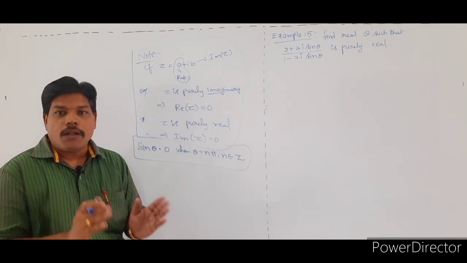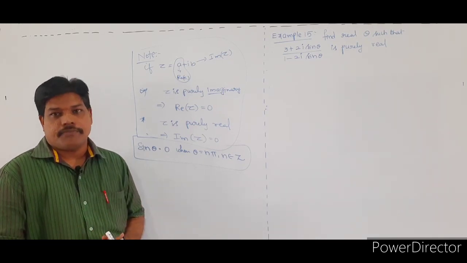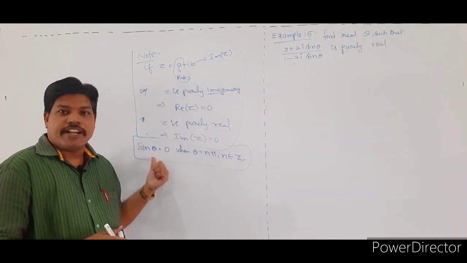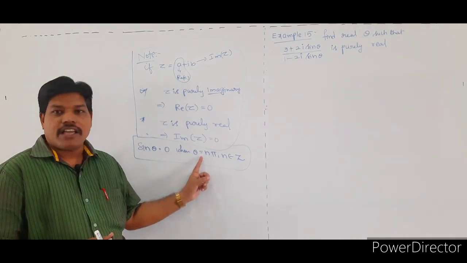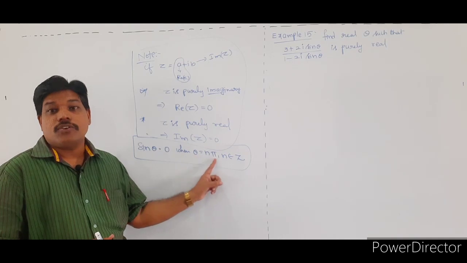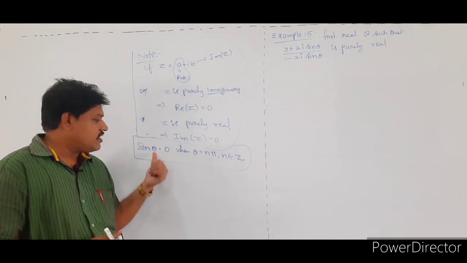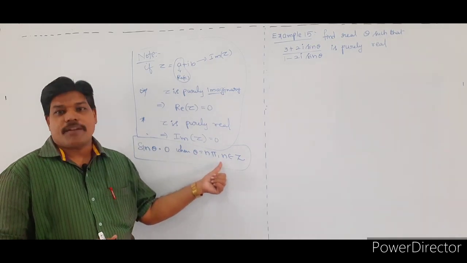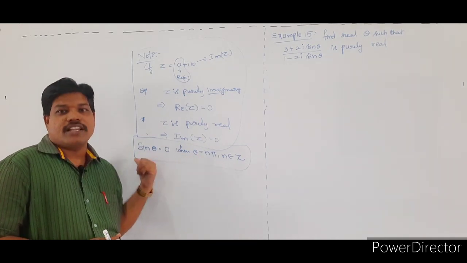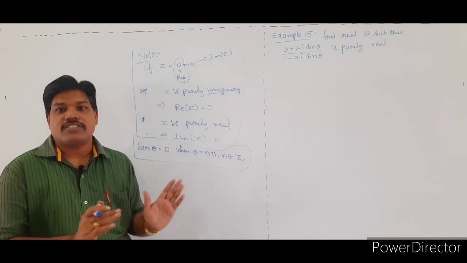That means for all multiples of 180 degrees, the sine of the angle will become 0. So that's why theta is n pi. Theta equal to n pi is the solution of this equation. Sin theta is equal to 0 means theta is equal to n pi. If theta is n pi, automatically sin theta will become 0. That is called the solution.